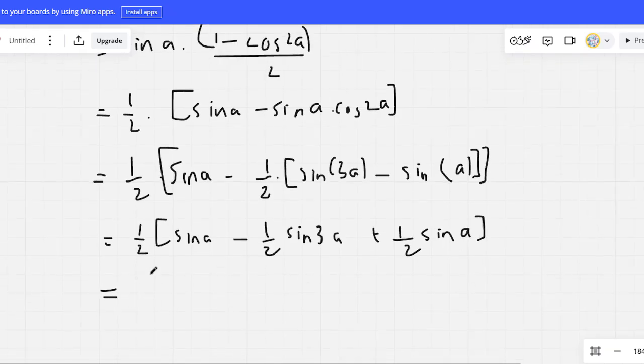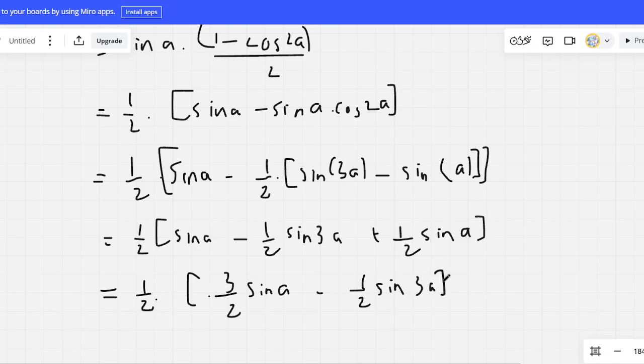Sine A plus 1/2 sine A is just 3/2. 3/2 times 1/2 outside gives us 3/4. Actually we don't even have to, we can keep it here for now. 1/2 times, this will be 3/2 sine A minus 1/2 sine 3A.